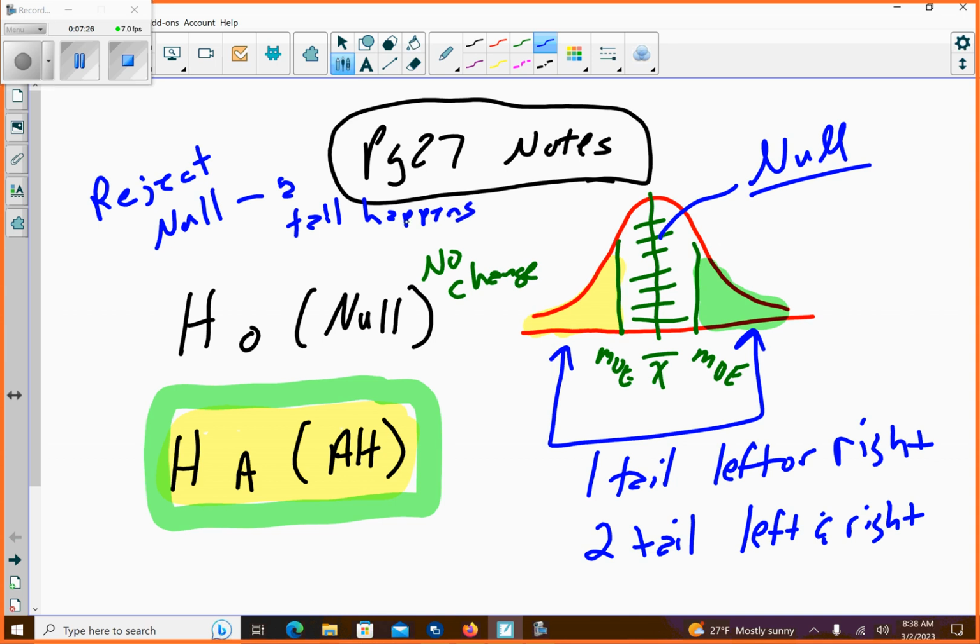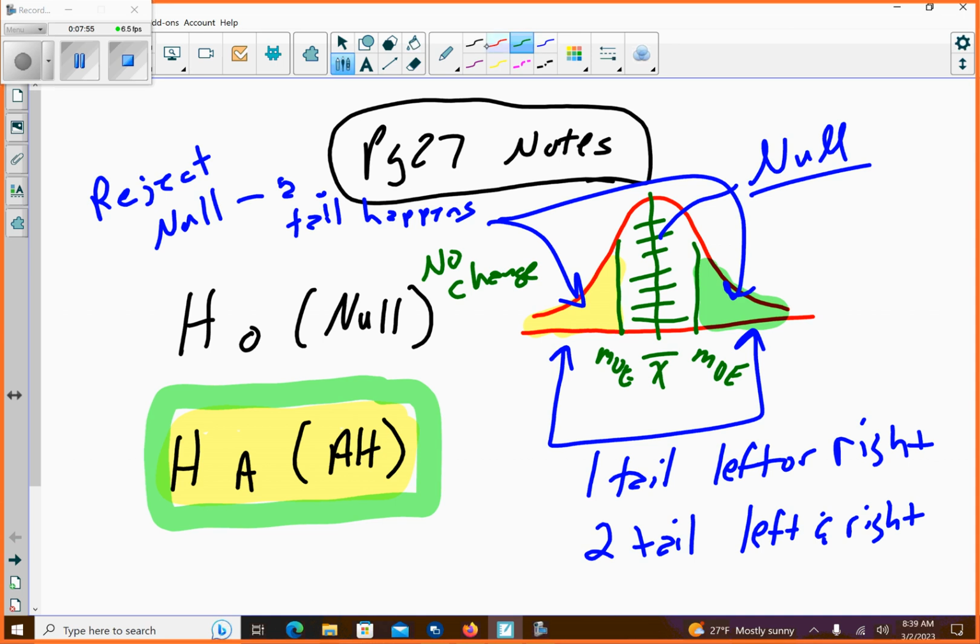And again, it could be one tail, it could be two tail, depends upon if we're looking for a directional value, less than or greater than would be a tail, a one tail. And then if it says there is a difference, then that's a two tail. Okay. So if I reject the null hypothesis, that means this or this is going to take place.